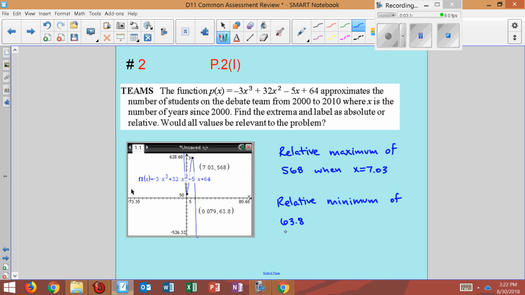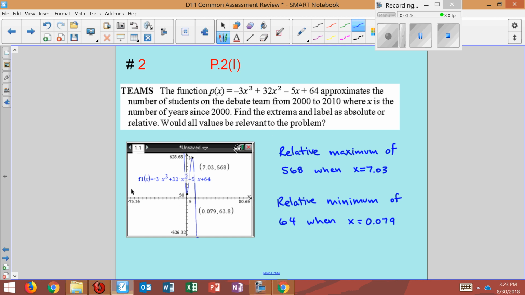So I wouldn't actually say 63.8. I'm going to round this and say 64 when x equals 0.079. And again, we're talking a year, so we're talking like 2000 and a few days. So that would be the minimum.